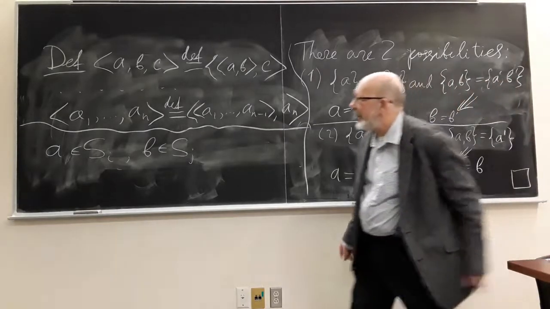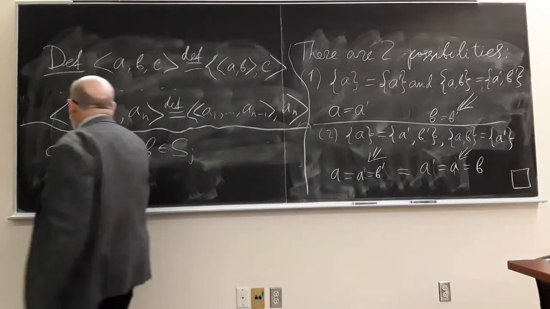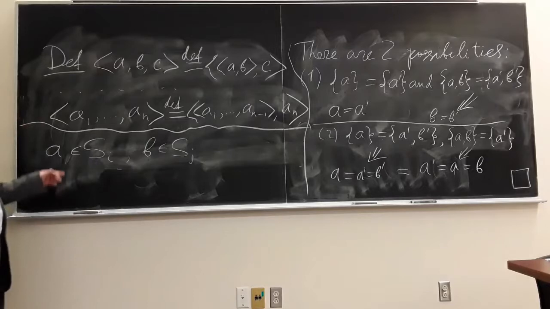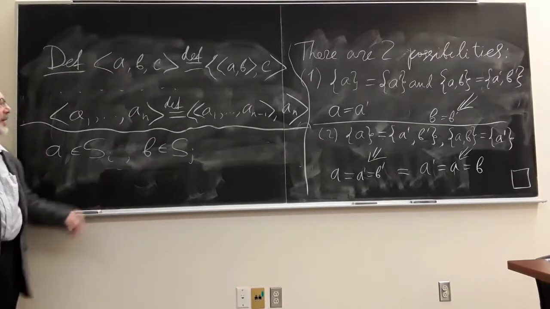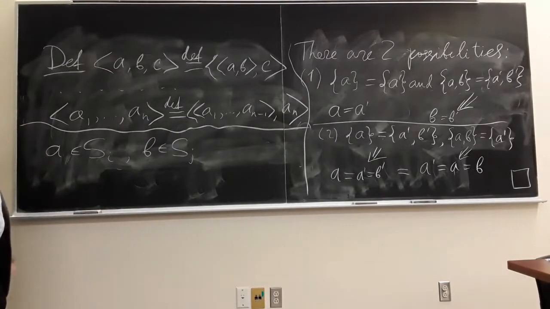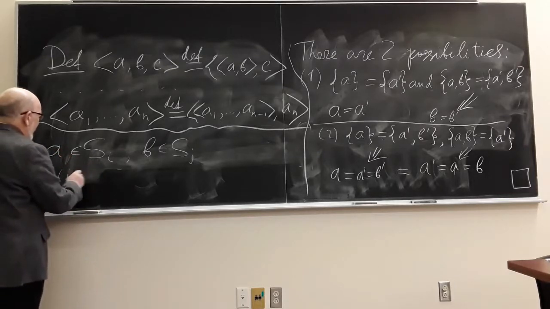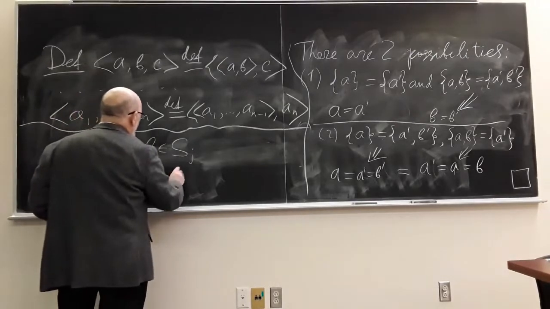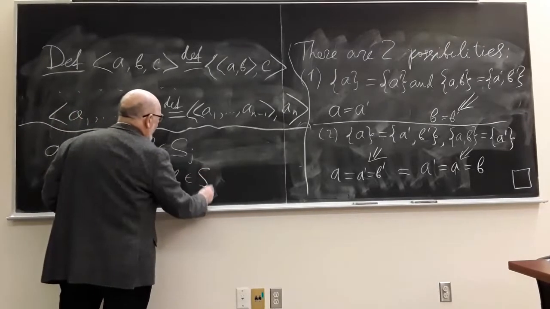So here is the first step. Suppose we have A in Si and B in Sj, but because these sets are in part of one another, say if i is less than or equal to j, this means that A and B are in Sj.